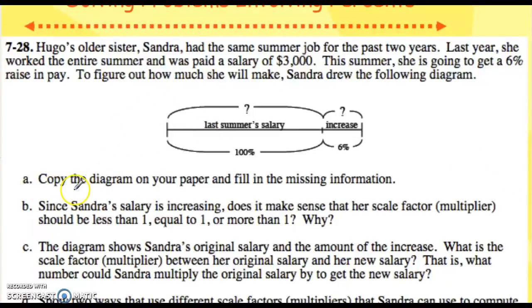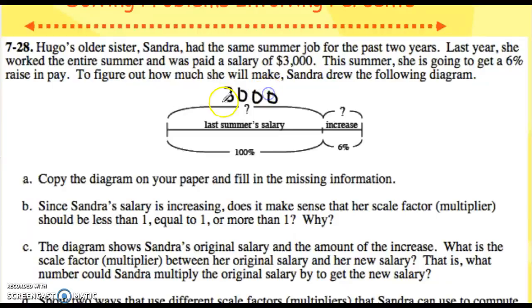Okay, so A says copy the diagram on your paper and fill in the missing information. So please pause the video and draw this diagram here to start. Okay, now we need to fill in the missing information. So it says that her last summer salary we know was $3,000, so I can fill that in.